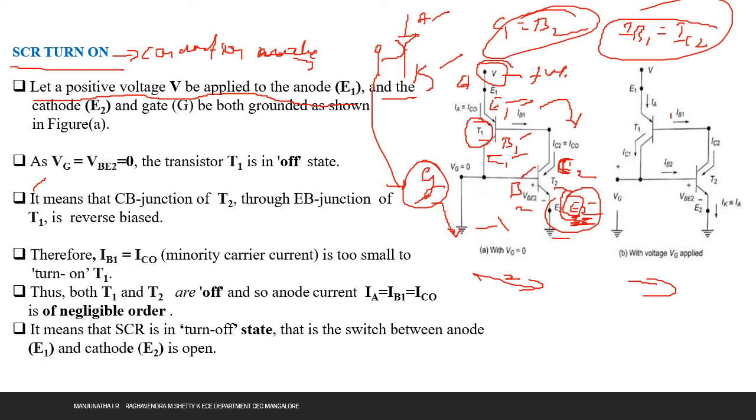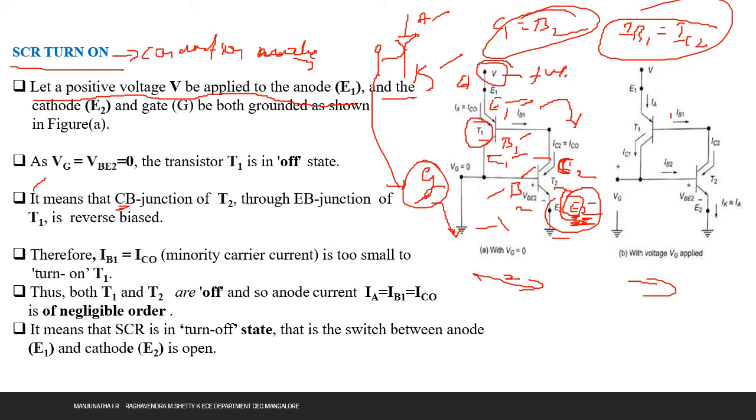It means that the collector base CB junction of transistor T2, C2 and B2, because of this, the emitter and base junction of transistor T1 is reverse biased.